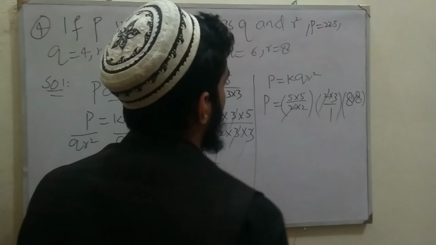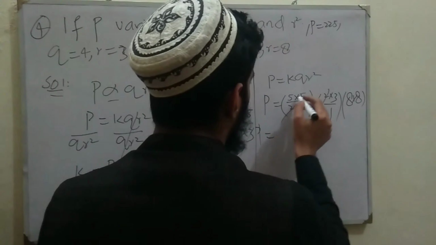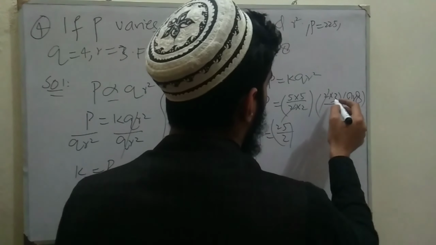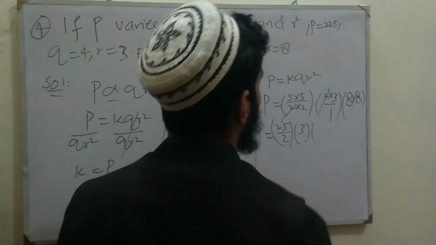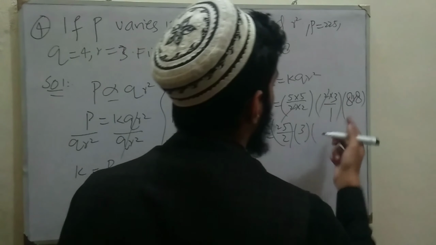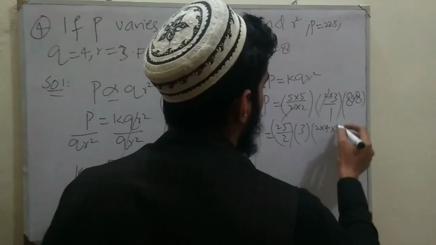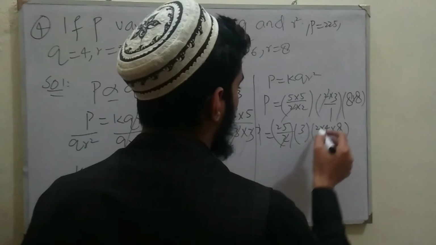This 2 is cancelled out with this 2, so P is equal to 5 multiplied by 5, which gives us 25, divided by 2, and here is 3, multiplied by 8 multiplied by 8. So one 8 can be written as 2 multiplied by 4, and the other 8 comes down the same. This 2 is cancelled out with this 2.